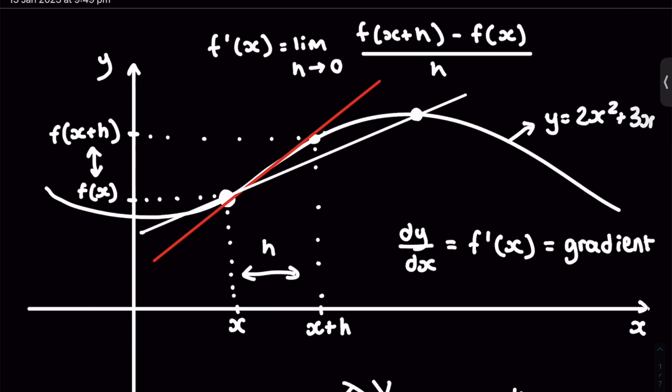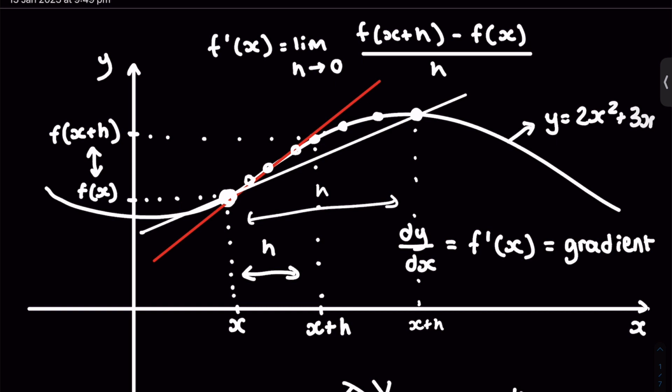This part here would have been our x plus h, and this overall distance would have been our h difference. But when we limit our h to 0, what we're actually doing is bringing this point closer and closer to x until we really are on the point x.